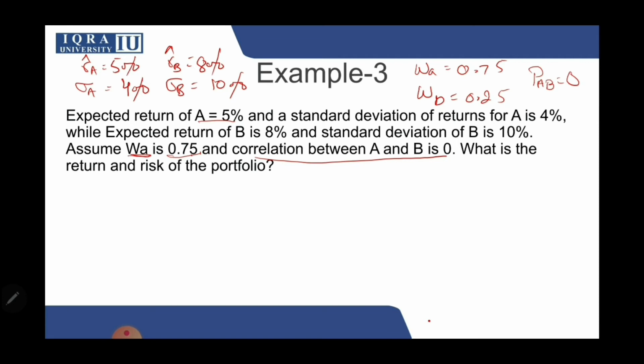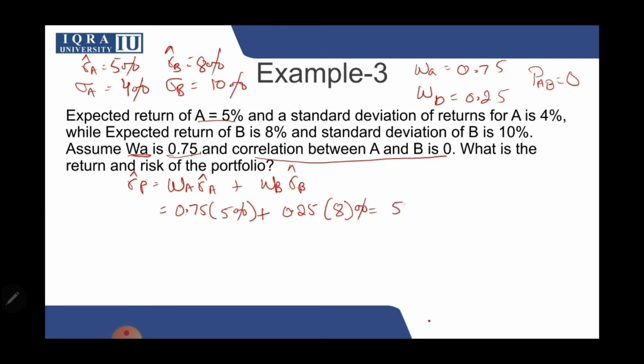So if you want to calculate the return, the formula for that is WA multiplied by RA plus WB multiplied by RB. So this is 0.75 times 5% plus 0.25 times 8%.